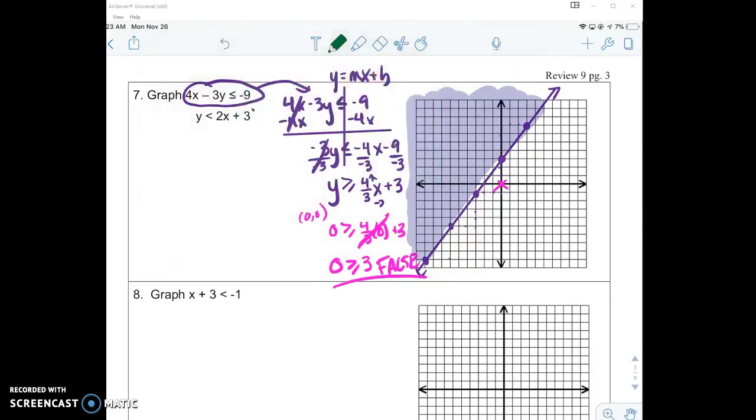My second inequality is already in y equals mx plus b format, so my y-intercept is positive 3, same spot, but my slope is positive 2, so up 2 over 1. I'm going to go all the way across my graph and back the other direction. Less than, so this is a dotted line.